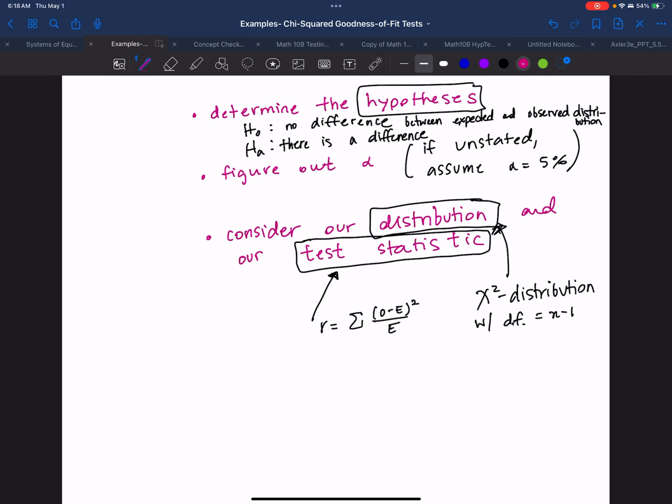So once we have our test statistic and our distribution, then we have to make a decision. And that's going to come from either the critical value and rejection region method, or the p-value.